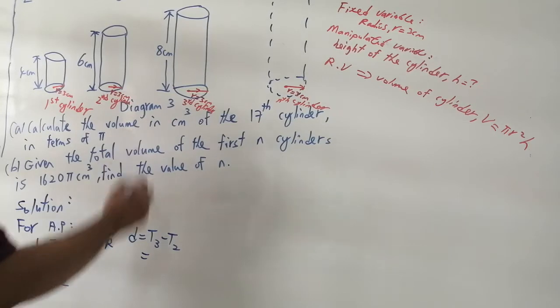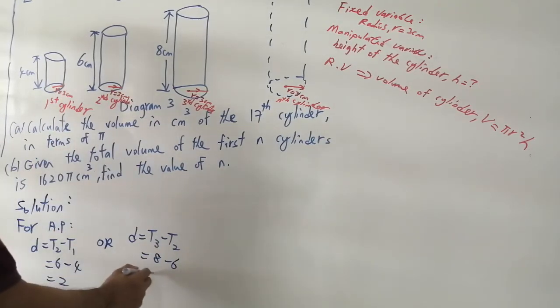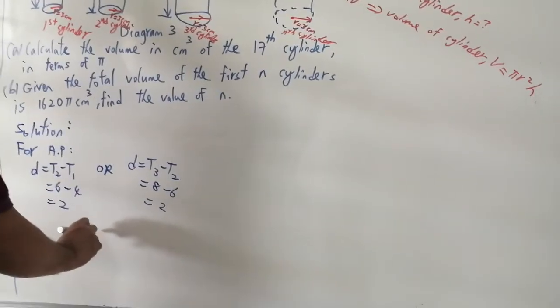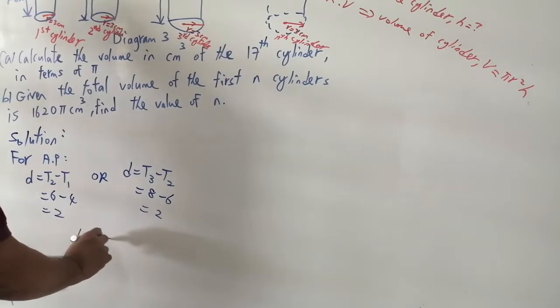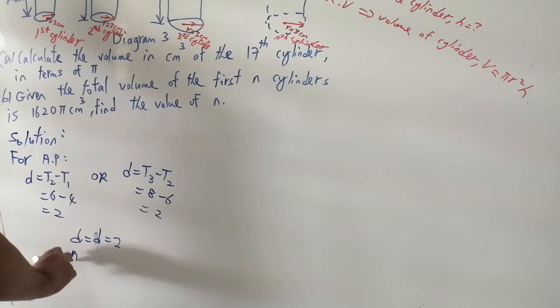Third term equal to 8 minus second term 6, so still remain 2. Common difference equal to common difference, equal to 2. Therefore, definitely this one is your arithmetic progression.